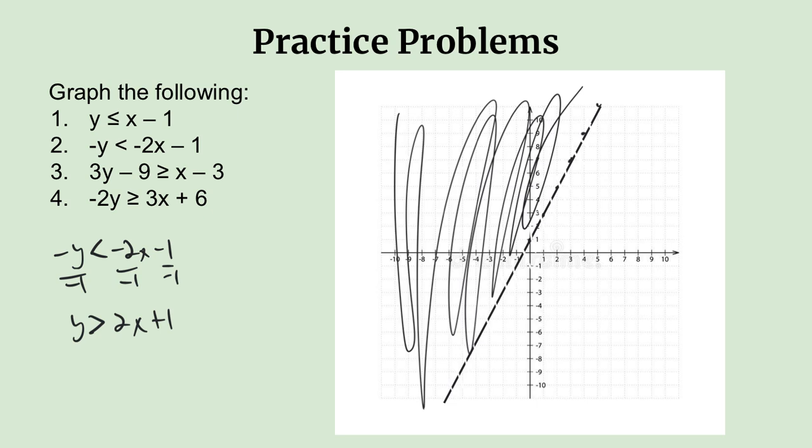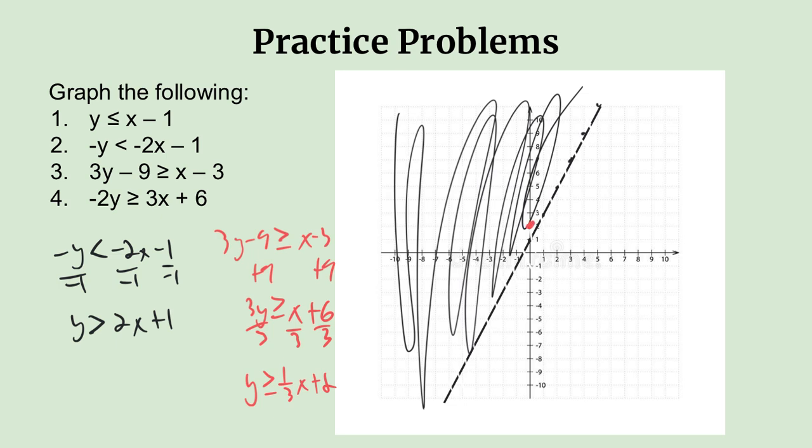For the third one, we need to add 9 to both sides. We've got 3y minus 9 is greater than or equal to x minus 3. We add 9 to both sides. 3y is greater than or equal to x plus 6. Divide by 3. Y is greater than or equal to 1/3 x plus 2. So we're at that plus 2 again.